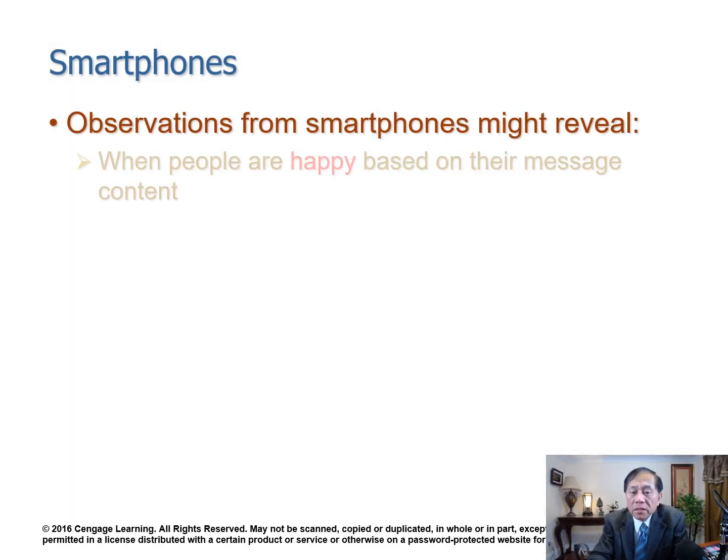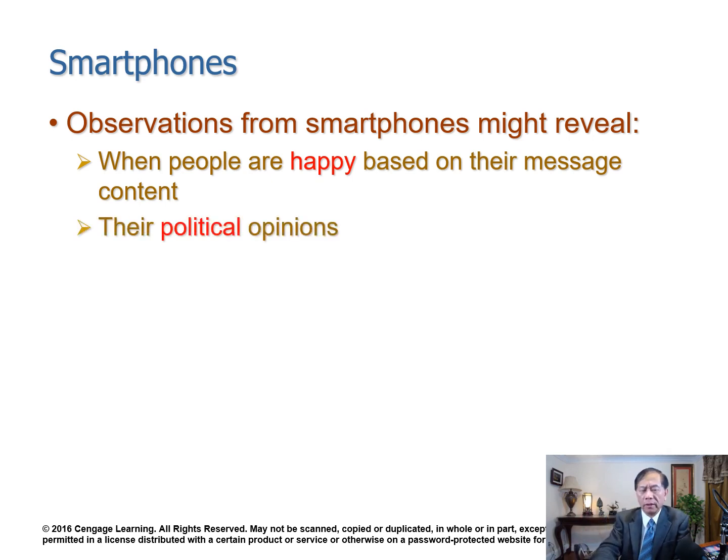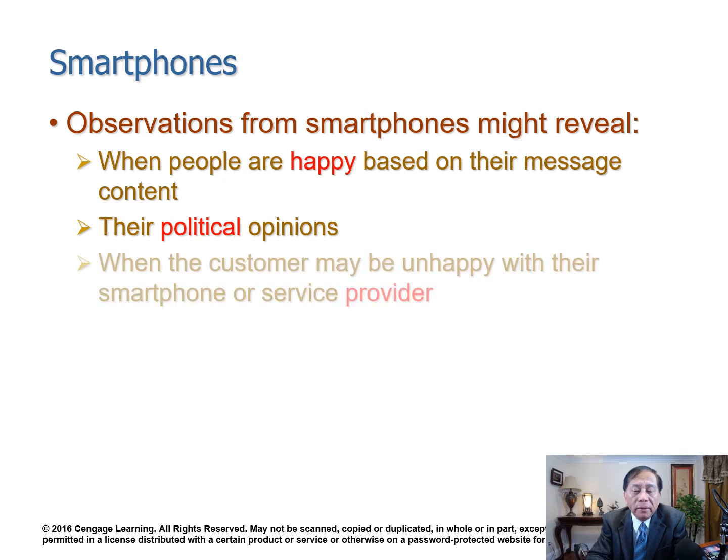Smartphones. Observation from smartphones might reveal when people are happy based on their message content. They analyze the message content to know your mood, their political opinions, whether you like or dislike certain candidates, and when the customer may be unhappy with their smartphone or service providers.